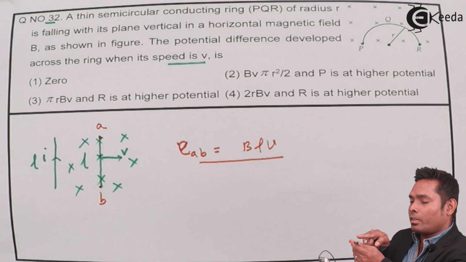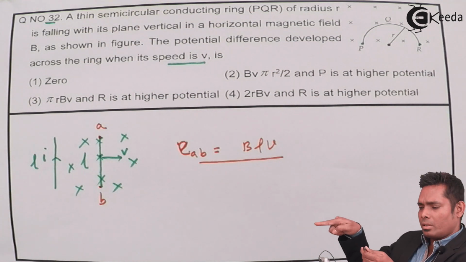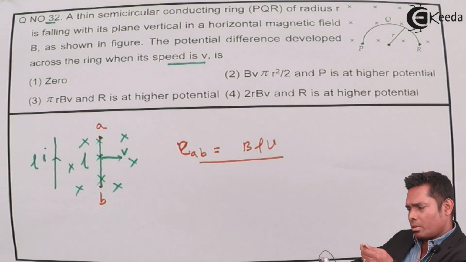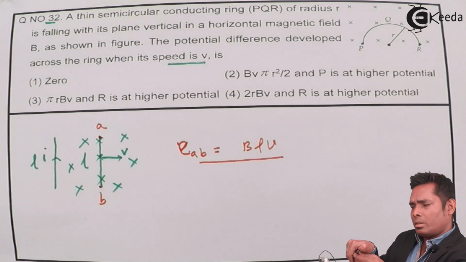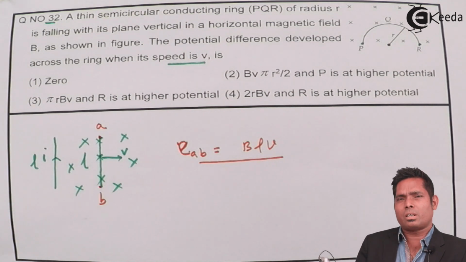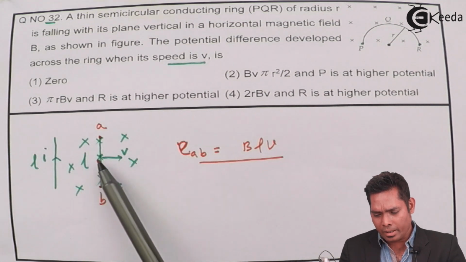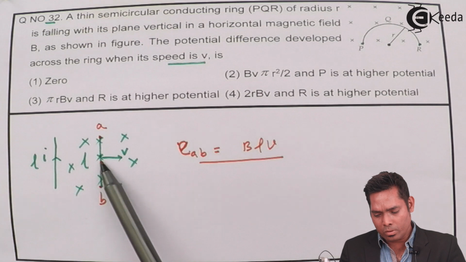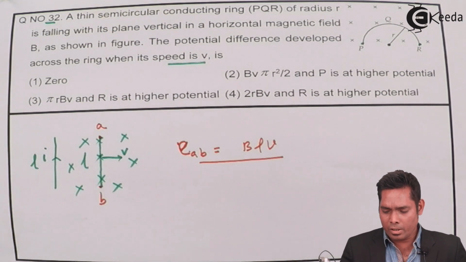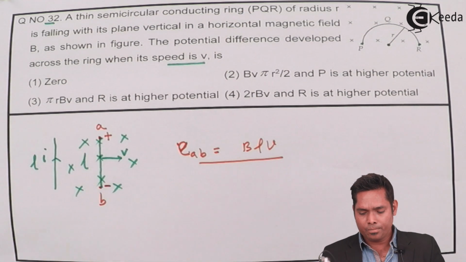The force on a charged particle in a magnetic field is QV cross B. QV is in this direction and B is downward, so the force will act in this direction for a positive charge. But since this is an electron, the force will act in the opposite direction. So the electron will start moving toward the B side, where it will be the negative end, and the other end will be positive.